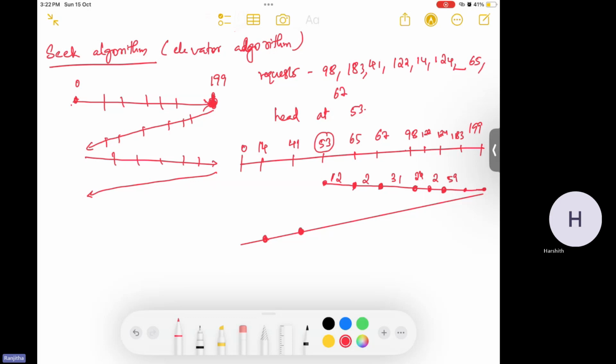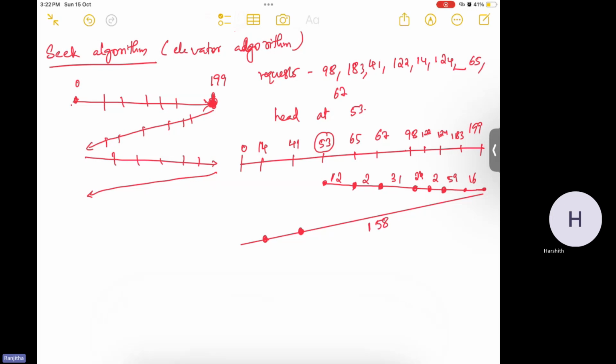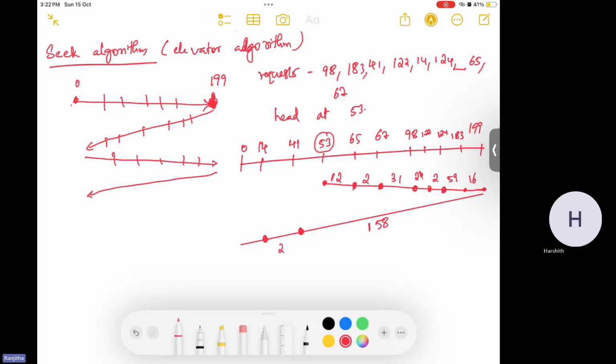Though we don't have any request after 183, the algorithm will go till the end. So this also gets included in the number of head moves. Okay, 183 to 199 is 16. Then from here it moves to 41, so here it is 158, and then from 41 to 14, which is 27.